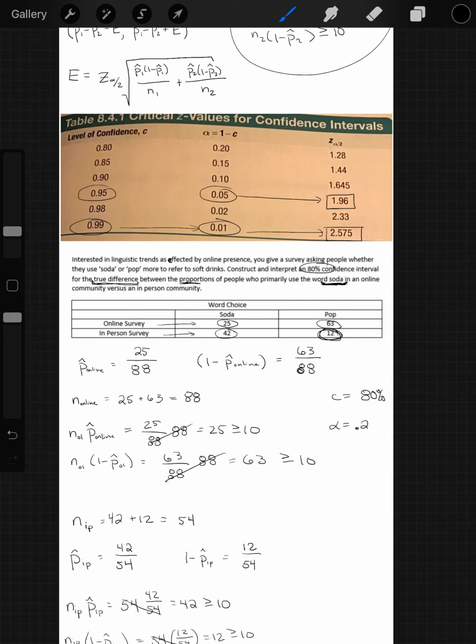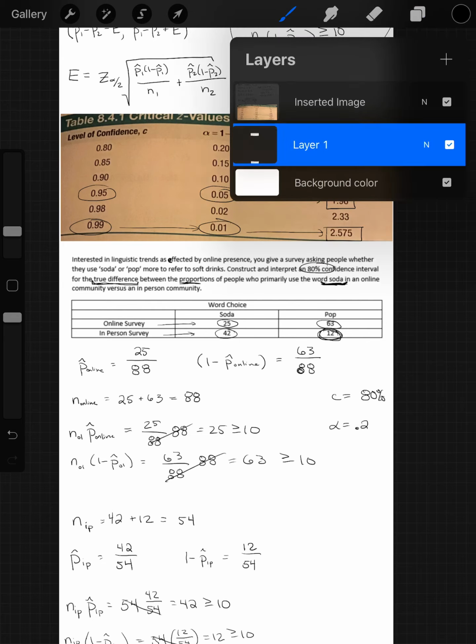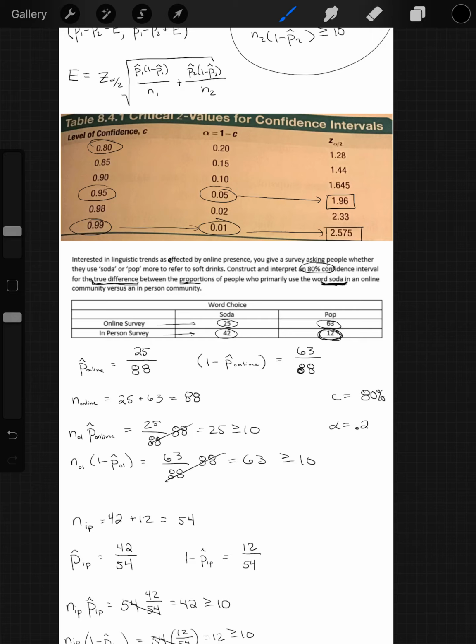So we need to find that Z sub alpha over 2. So we find, well, our confidence interval is 80 here. That matches up with our alpha of 0.2.